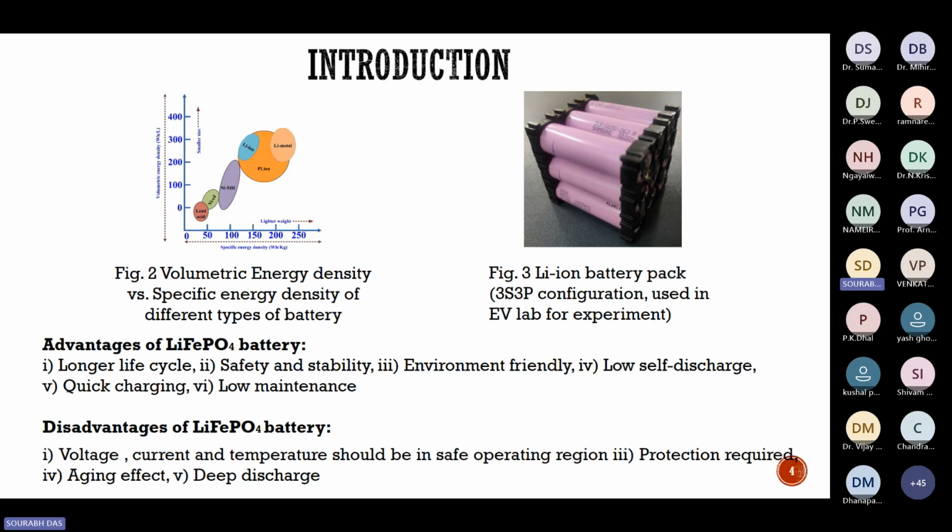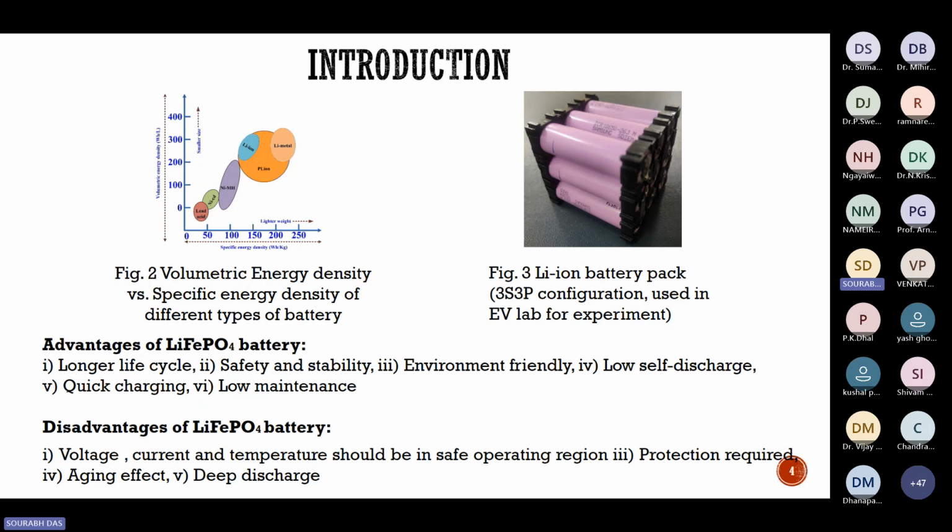And specific energy density is per kg, what will be the energy density of the battery. So if we increase the specific energy density, then it will be lighter weight. And if the volumetric energy density is higher, then the size of the battery can be less.